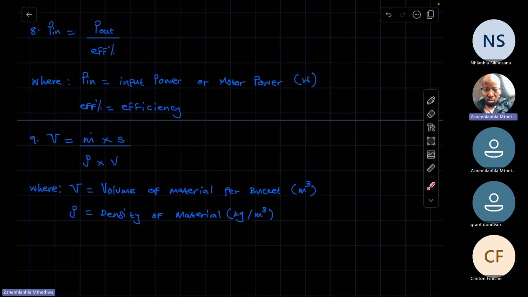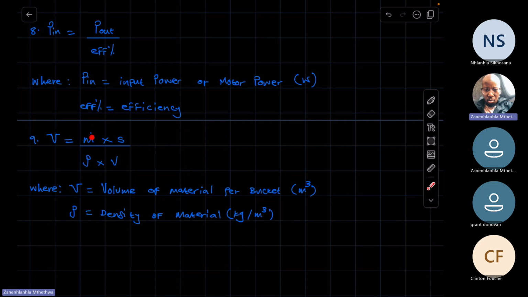To calculate the volume, you simply use this formula here. This formula accounts for having to calculate the span as well as the speed separately.